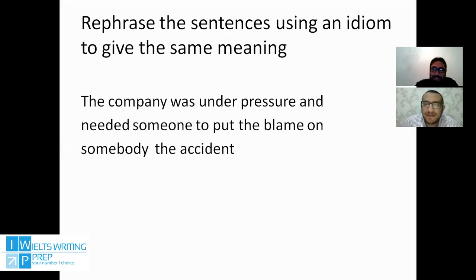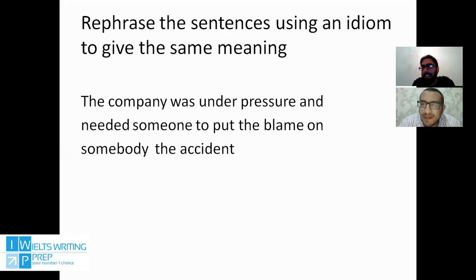The company was under pressure and needed to put the blame on somebody for the accident. Because the company was under pressure, they needed a scapegoat.